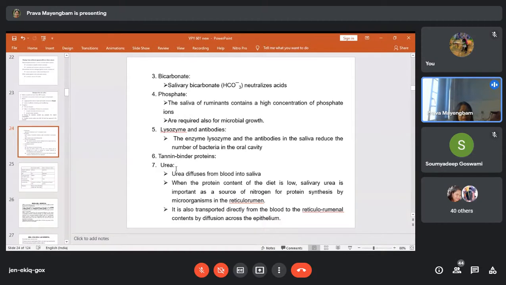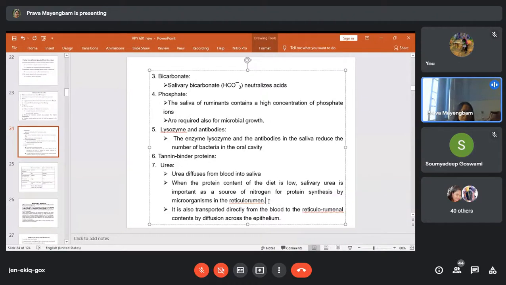Then saliva has a high content of urea, particularly in case of the ruminants. Urea diffuses from blood into the saliva, and when the protein content of the diet is low, the salivary urea is important as a source of nitrogen for protein synthesis by microorganisms in the reticulum.